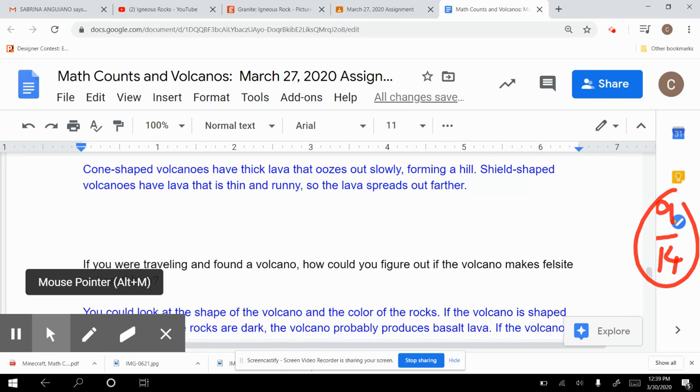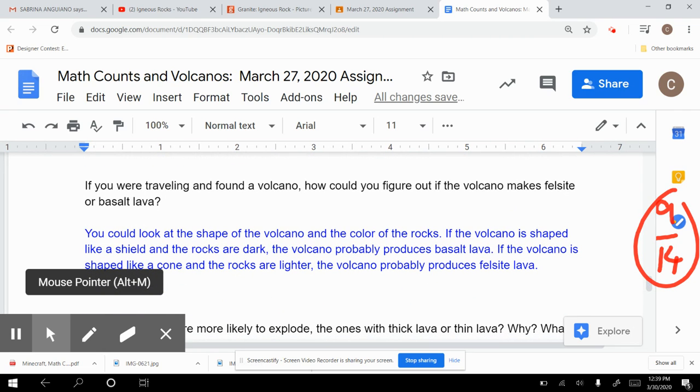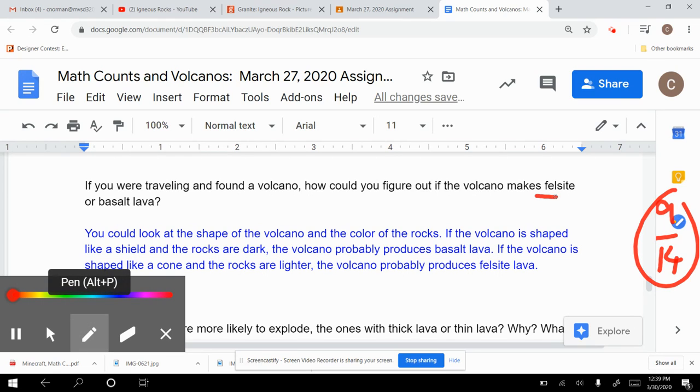Okay, next, if you were traveling and found a volcano, how could you figure out if the volcano makes felsite or basalt lava? Remember, the felsite, right? That is the thin stuff. That's the stuff that oozes out, that comes out very quickly, and the basalt lava cools very slowly, okay? Well, relative to the felsite.